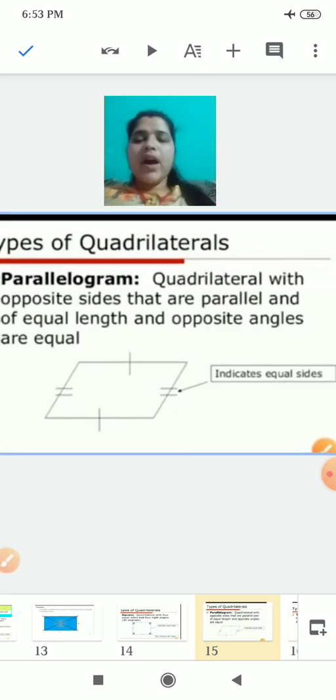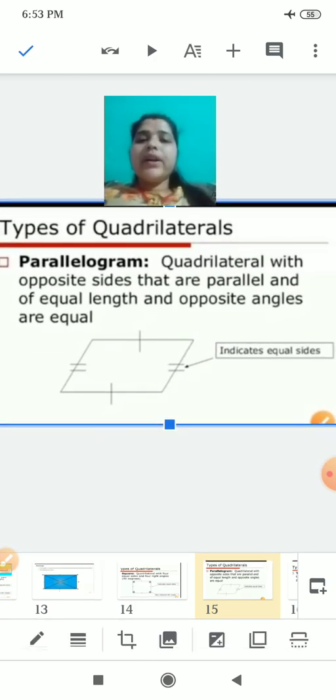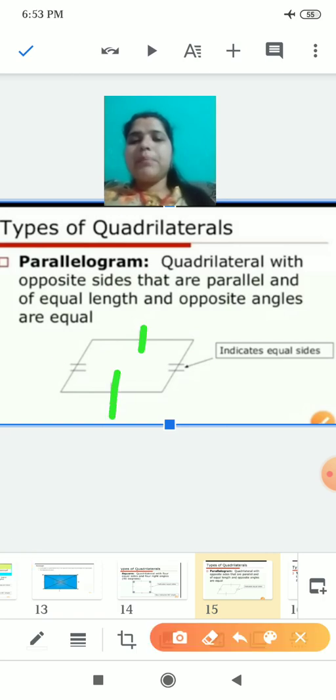Now we have the parallelogram. A quadrilateral with opposite sides that are parallel and of equal length, and opposite angles are equal. It means its opposite sides are parallel to each other and equal in length, and its opposite angles are equal.